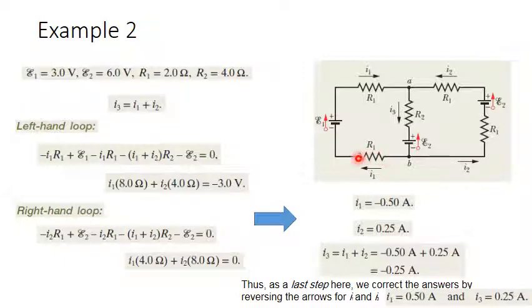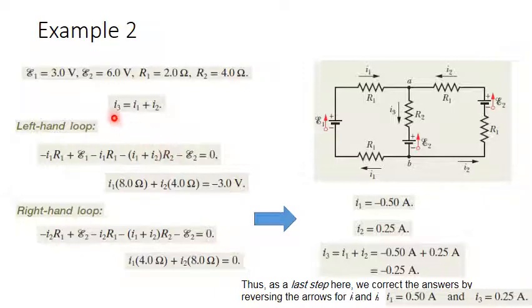The voltage drop at resistance R1 is minus I1 R1. Then we have an electromotive force in the same direction as the loop, so plus E1. Then we have a voltage drop in resistance R1, so minus I1 R1. Then we have a voltage drop in R2, so it will be minus I3 multiplied by R2.